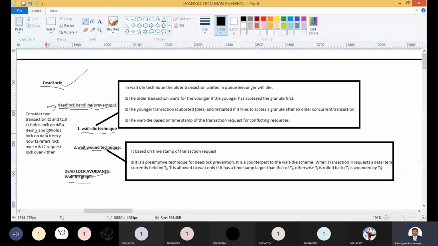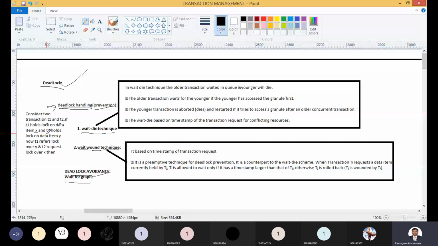First condition: the timestamp of the T1 transaction is less than the timestamp of the T2 transaction.